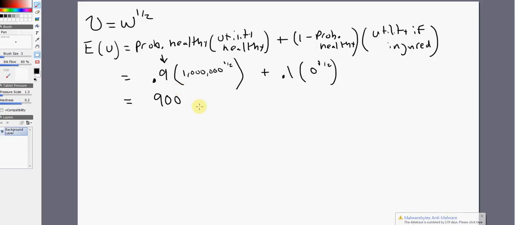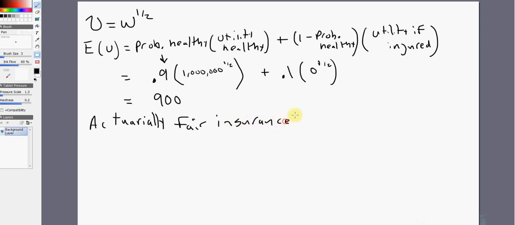Okay, let's answer another question. Let's find the actuarially fair insurance policy. We can assume full coverage here.